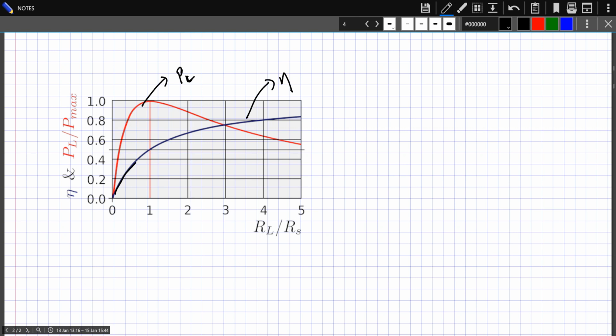We can see that the efficiency keeps on increasing and asymptotically reaches 1 or 100% as the ratio of the load resistance to the source resistance goes to infinity. And the load power reaches a maximum value when the load and the source resistance are equal. I hope this clears a bit of the confusion. And yeah, thank you.